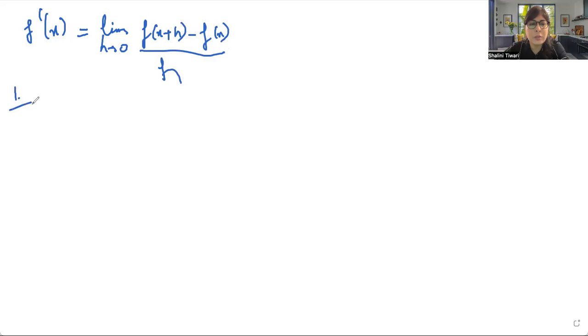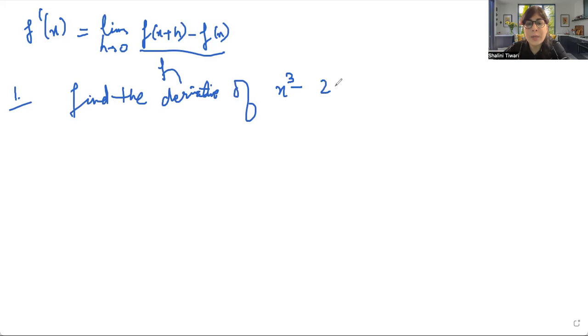So the first question we are going to discuss is: in the exam it is mentioned by which method you need to do. If it is written first principle method, you don't do it directly. So find the derivative of x cube minus 27 by first principle method.